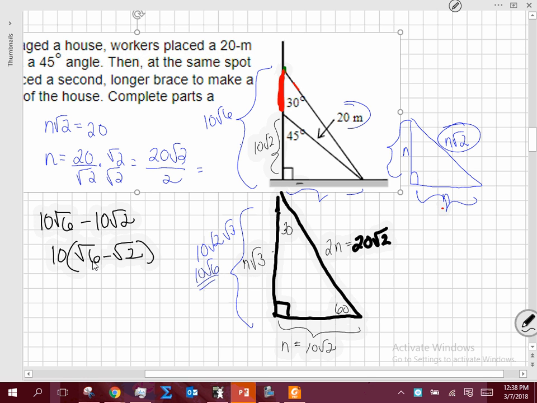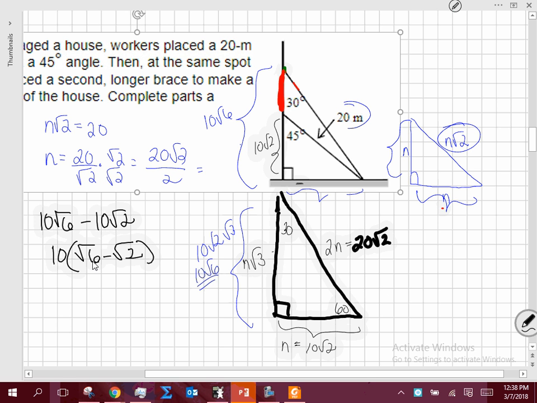Can I subtract radical 6 and radical 2? I can't. Now, in their decimal version, because they're just numbers, radical 2 is like 1.4 something. Radical 6 is probably like, I don't know, 2.4 something. I could subtract those, right?